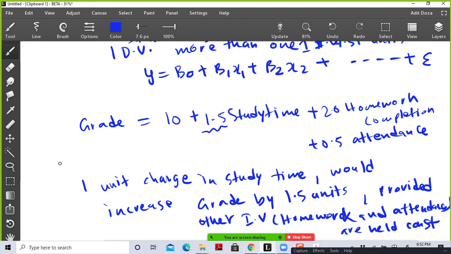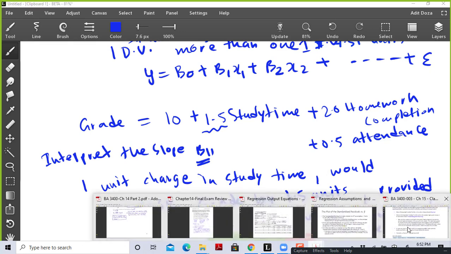So if I say interpret the slope beta 1, here beta 1 is the study time, right? Because it's the first coefficient. So that means a 1 unit change in study time would increase the grade by 1.5 units, provided that the other variables are held constant.